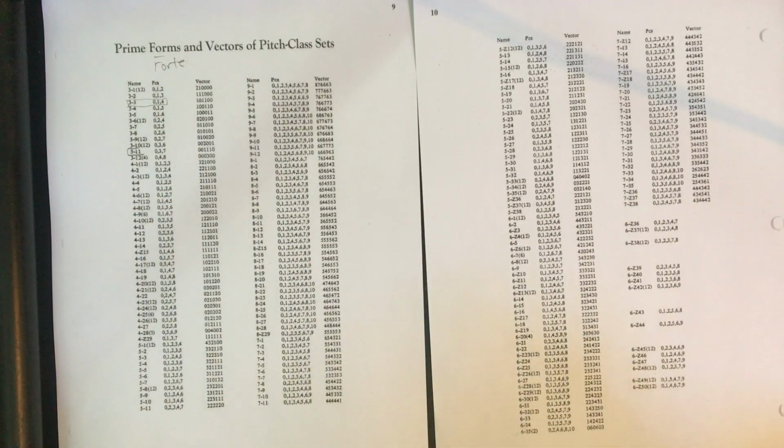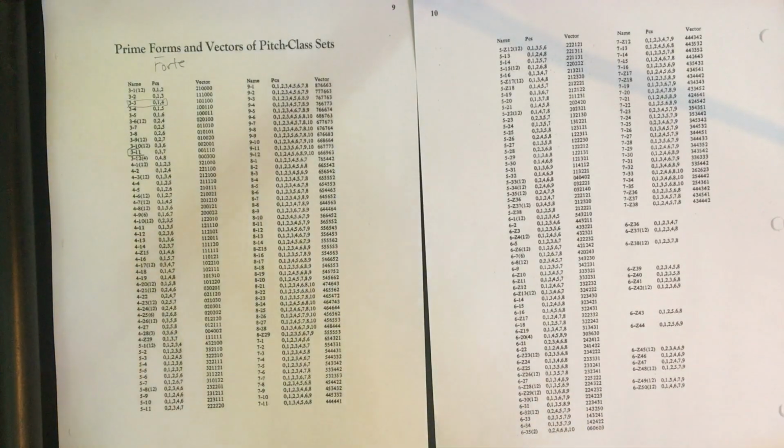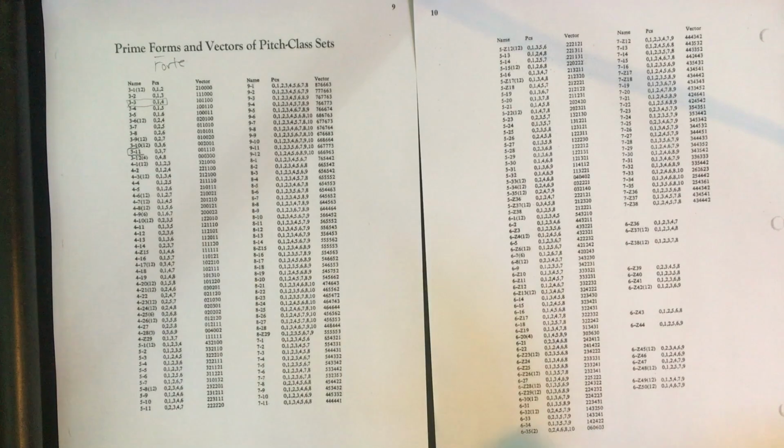Of course, there are only two whole tone scales. So a lot of these hexachords are self-complementary. In other words, if we subtract a pitch class set that belongs to this set class from the set of 12 pitch classes, the remaining pitch classes will form another transposition of that same set class.